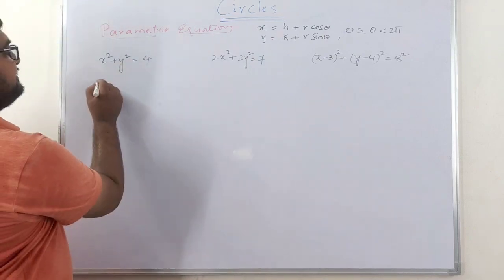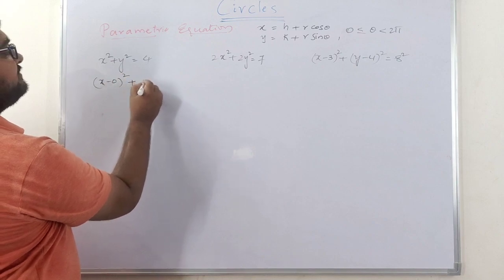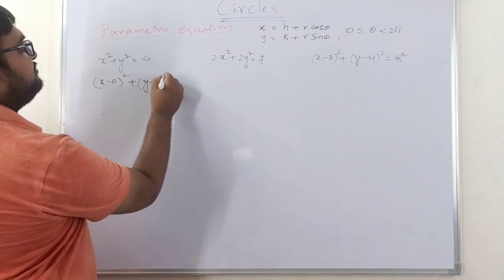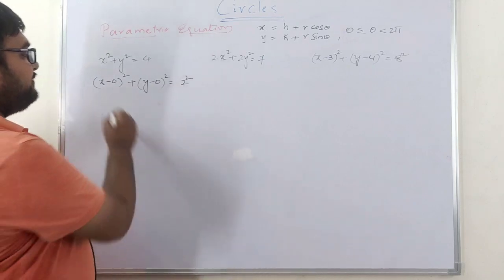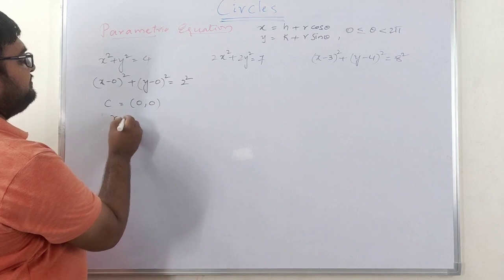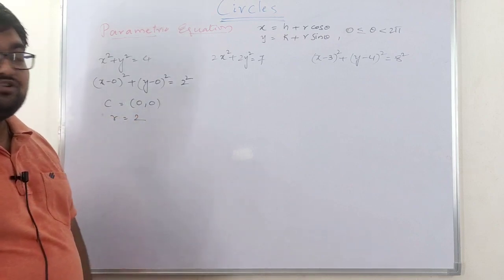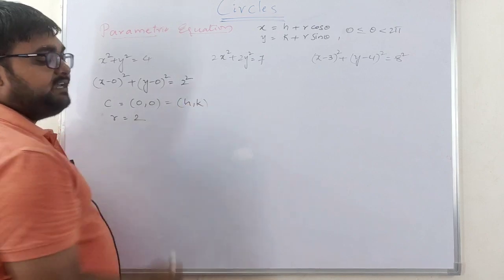So let us see this. I can write it as (x minus 0) whole square plus (y minus 0) whole square is equal to 2 square. Now from this I can say the center is 0 comma 0 and the radius is 2. So here the center is my h comma k.